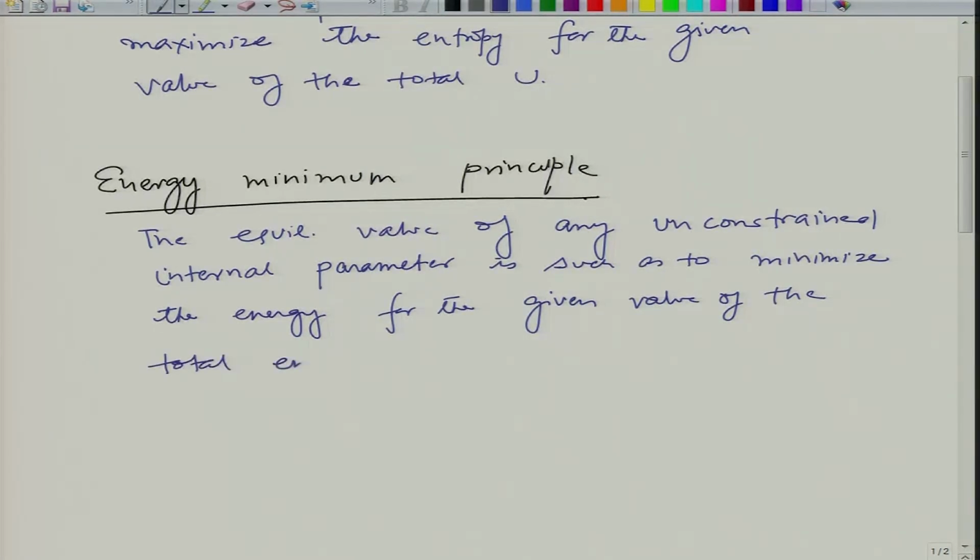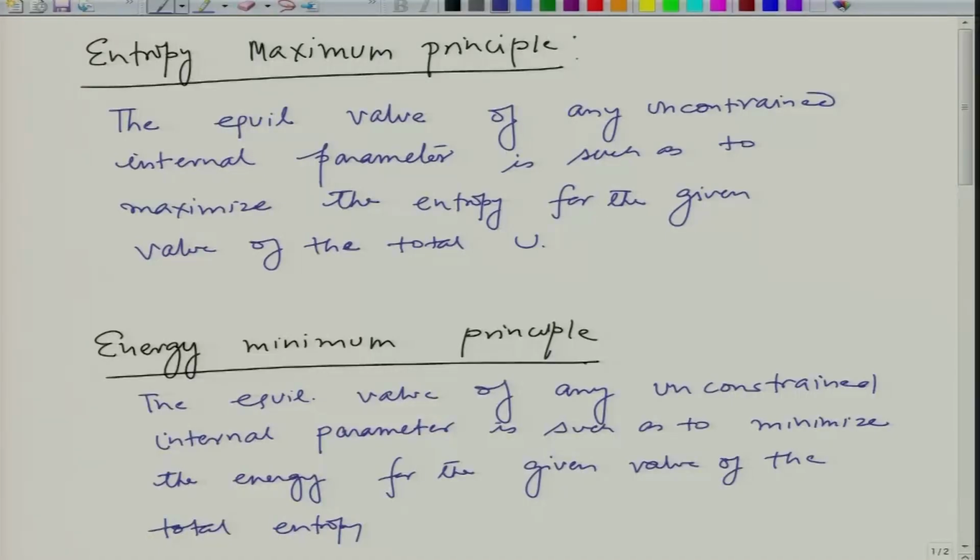So, it says that for a fixed entropy, the energy is going to get minimized to achieve the equilibrium state. These two statements or two principles are equivalent.